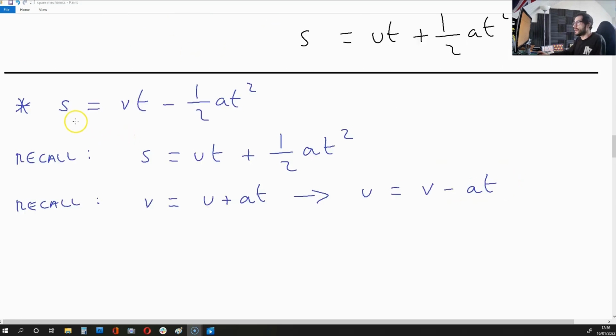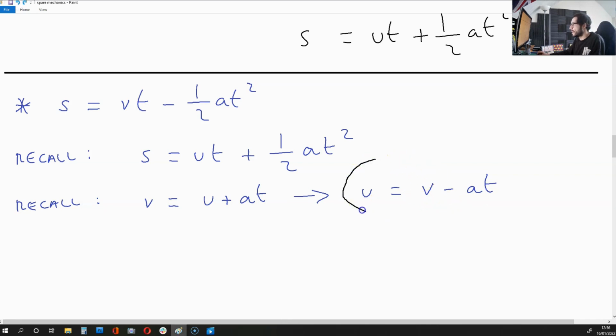Now let's deal with the fifth and final equation over here. Recall that s is ut plus half at squared. Also recall that v is u plus at, therefore u is v minus at.